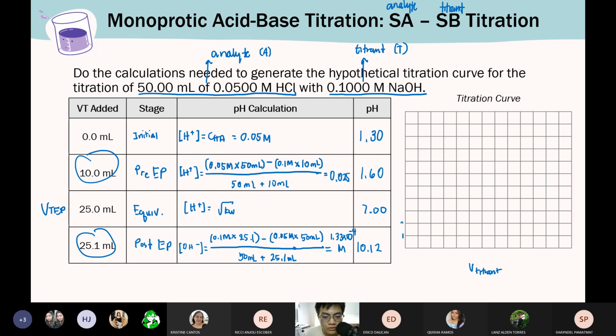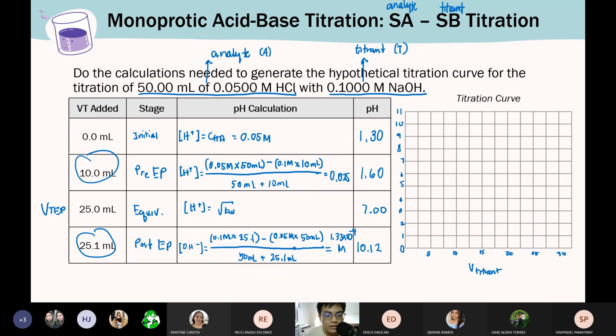So 1, 2, 3, 4, 5, 6, 7, 8, 9, 10, 11. Tapos dito siguro, ito yung 5, 10, 15, 20, 25, 30. Okay? Tapos ipa-plot natin yung pH per volume of titrant na.